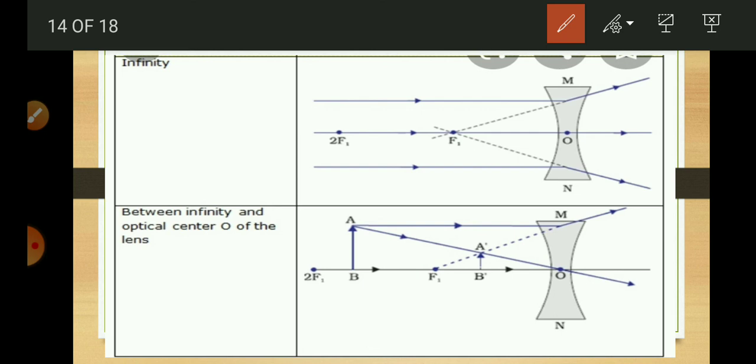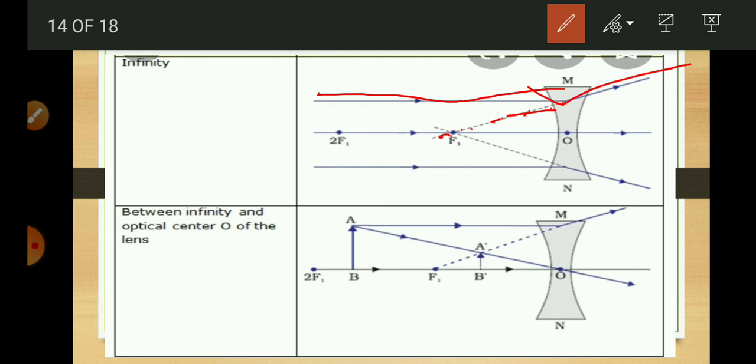When a ray goes parallel to the principal axis, after refraction, when we extend the refracted ray backward, it appears to come from the focus, that is F1. So this is the parallel ray. After refraction it diverges. If we extend that divergent ray, it appears that it comes from principal focus F1.